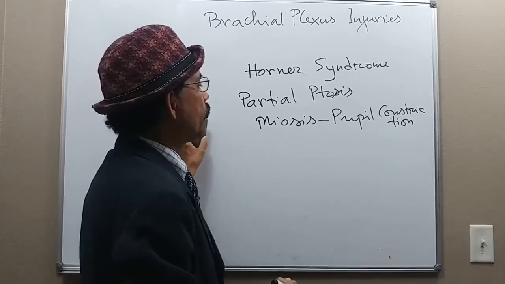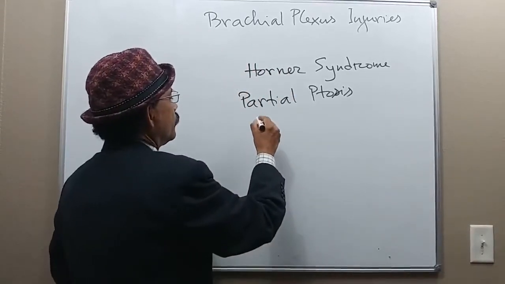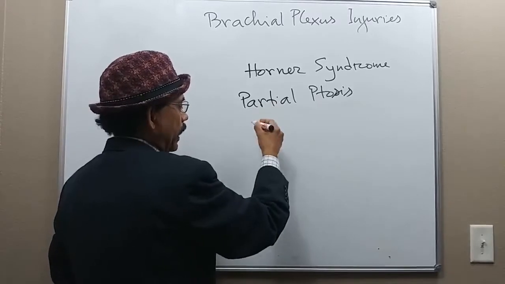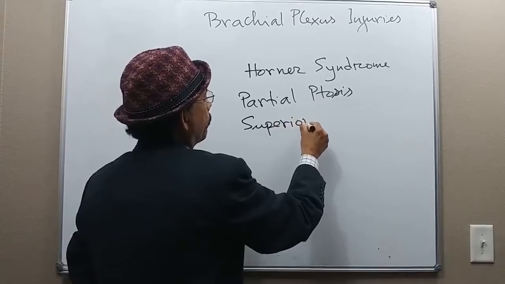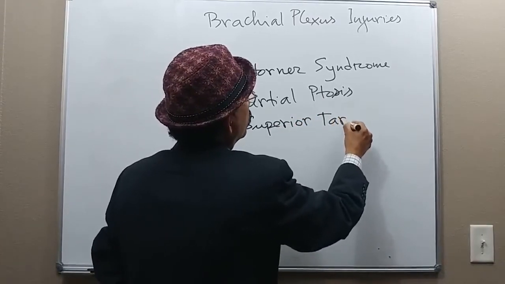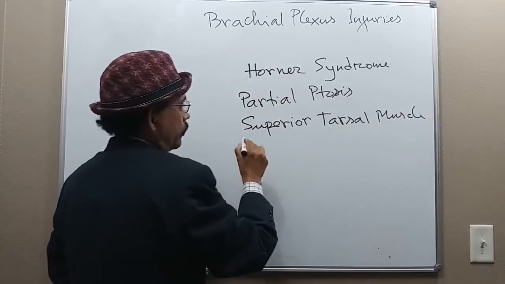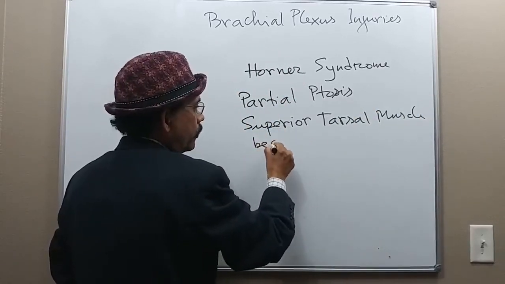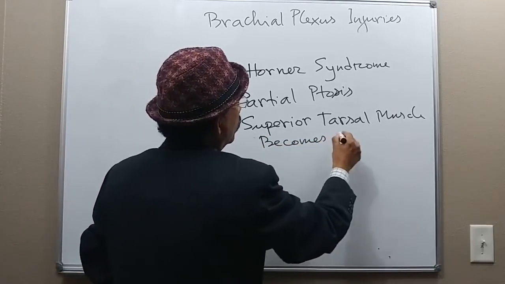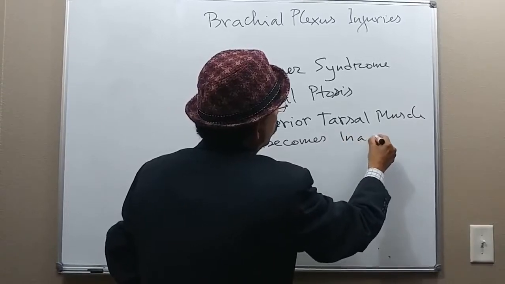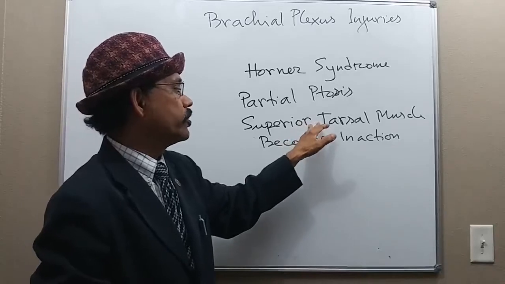Partial ptosis. Why is there partial ptosis? Partial ptosis is due to non-function or lack of nerve supply to the superior tarsal muscle. Superior tarsal muscle becomes inactive because of lack of sympathetic innervation to the superior tarsal muscle.